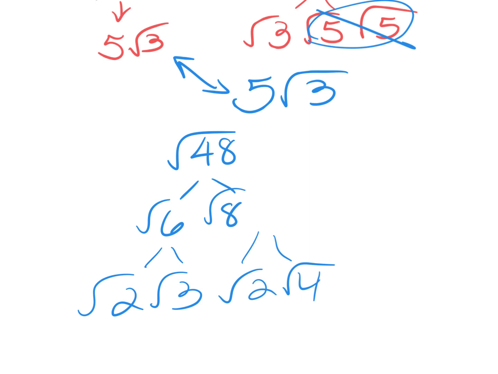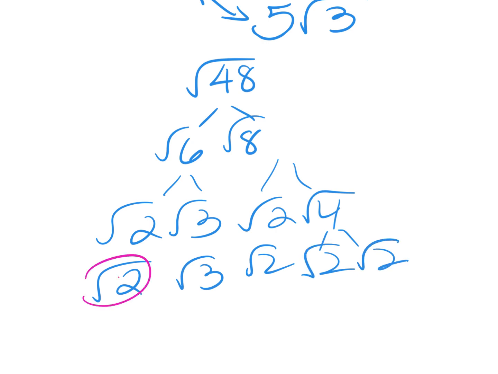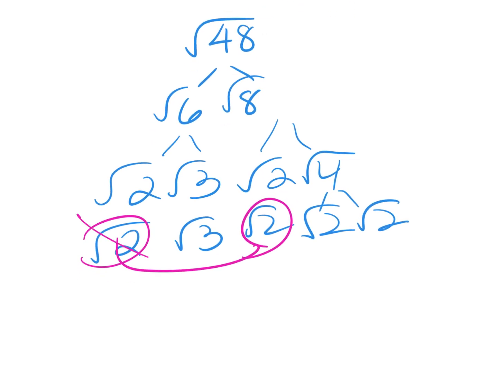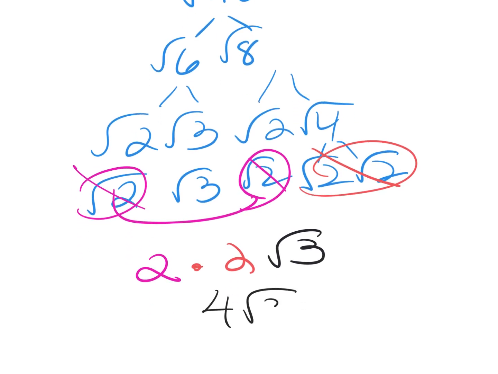Now watch what happens when you make more than one pair. 2 and 2, I got a pair of 2s. So one of these comes out. Then I have another pair of 2s. Another one comes out. And the 3 stays under the radical. So 4 square root 3.